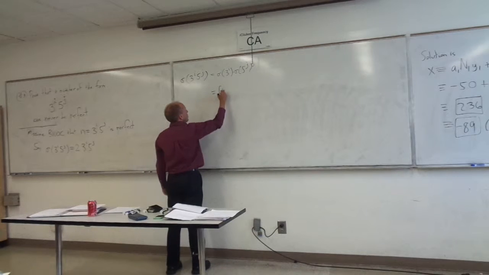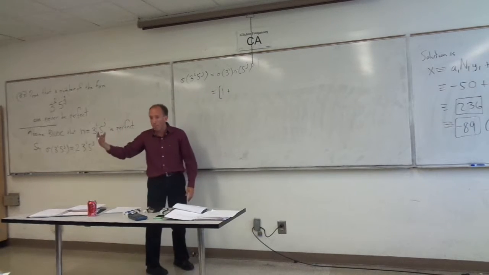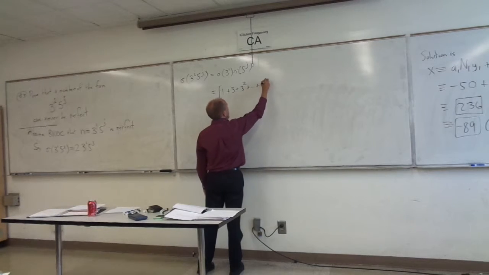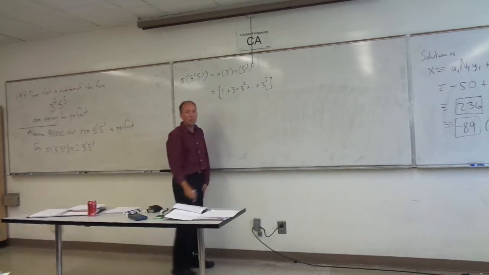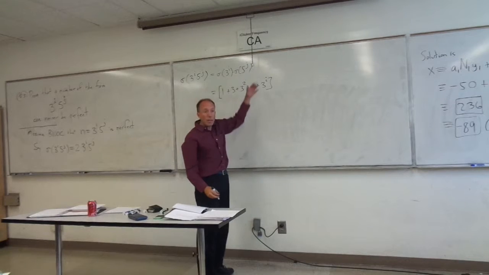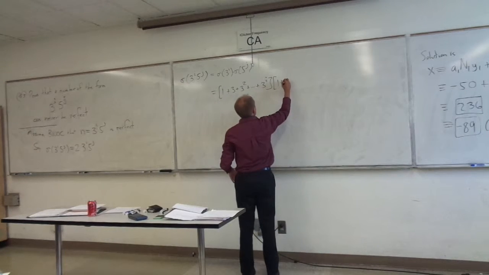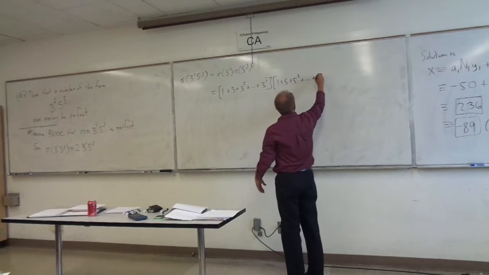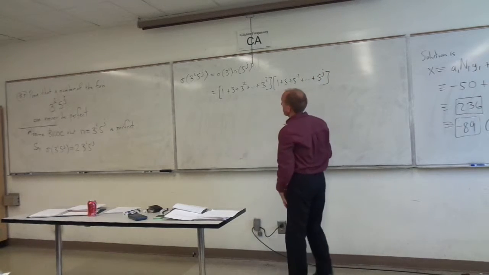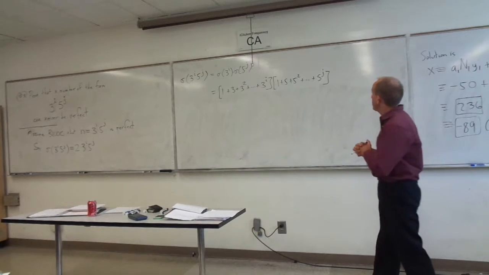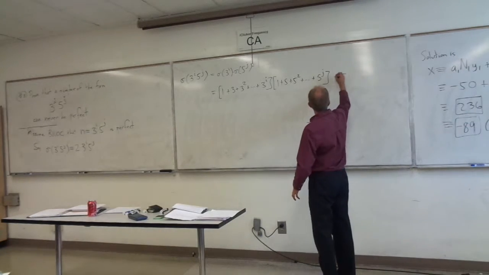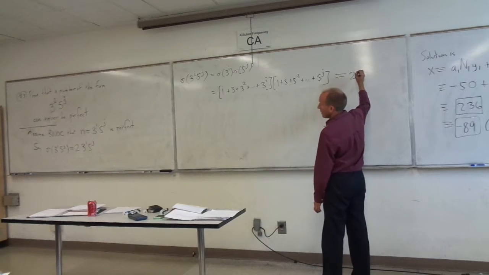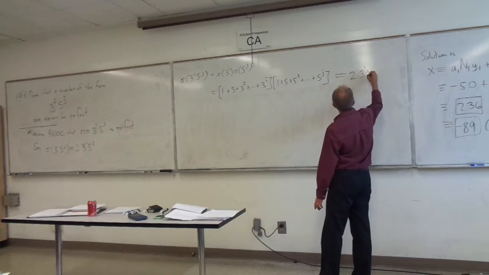So this is going to be a series because we're going to add them up: 1 plus 3 plus 3 squared, up to 3 to the i. I'll do the same thing with the other one: 1 plus 5 plus 5 squared, up to 5 to the j. That's what sigma of 3 to the i times 5 to the j is. And we assumed in the beginning that this comes out to 2 times 3 to the i times 5 to the j.